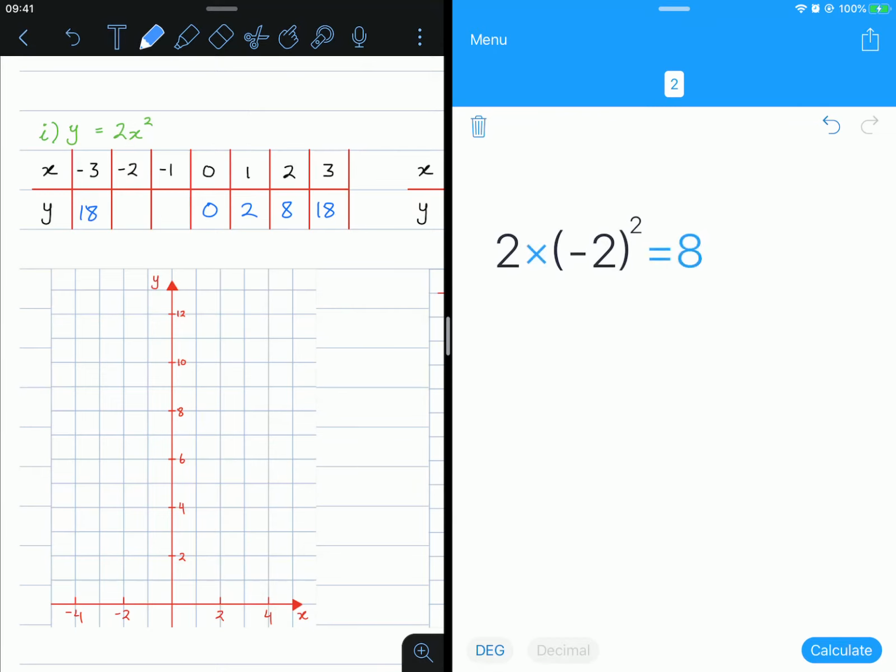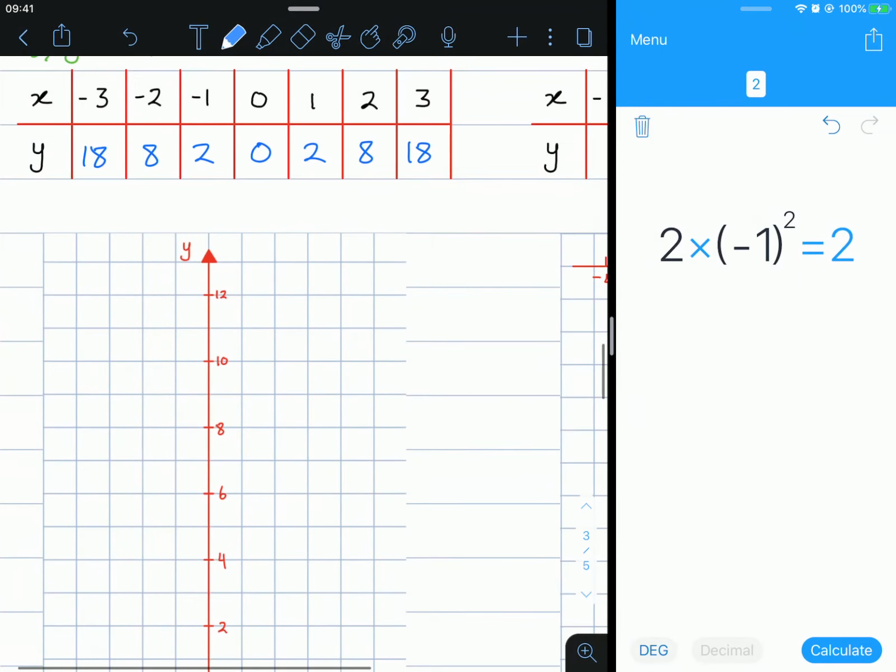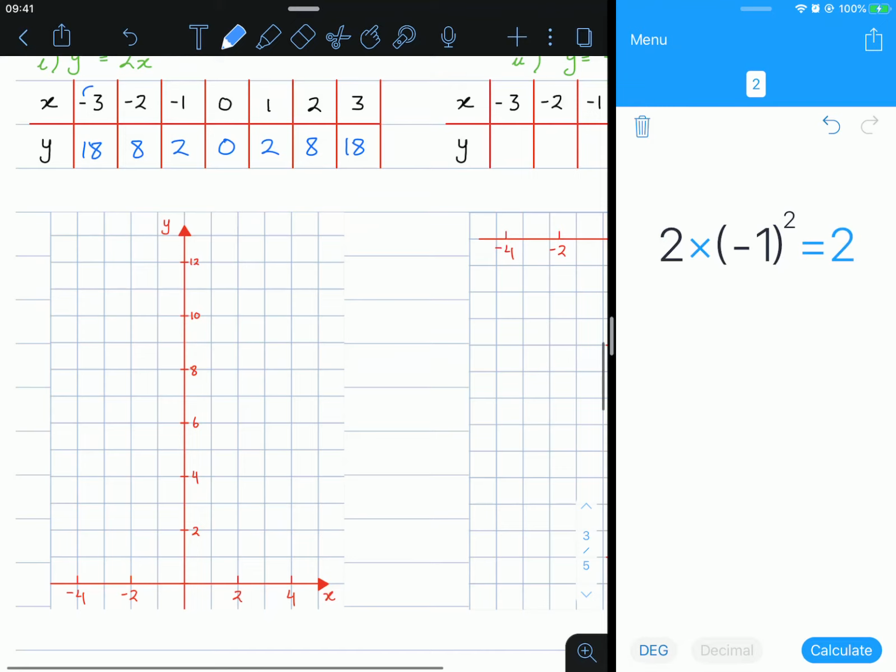Substituting -2, get 8. Substituting -1, we get 2. Graphing these points, -3, 18 is off the chart. Let's just graph what we have.